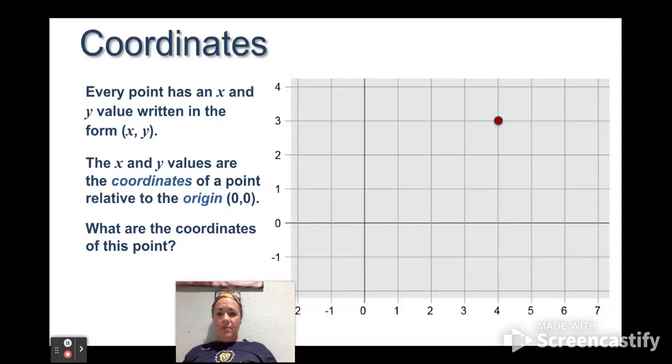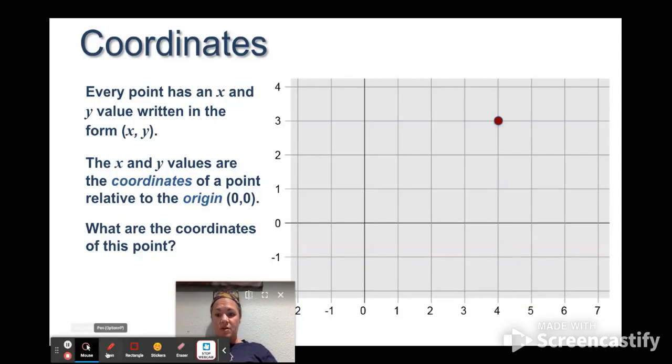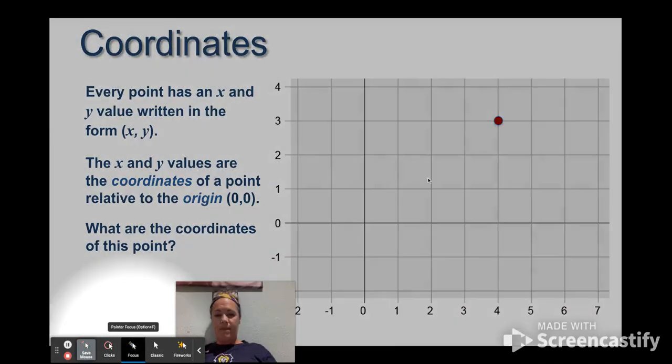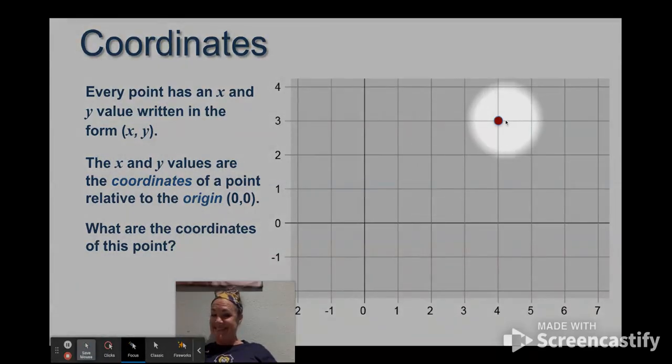On a coordinate, every point has an x and a y value, and they're written in the form given here, where you have an open parenthesis, x, comma, y, close parenthesis, where the x and the y would be numbers. So this point here, given as your example, is (4, 3).